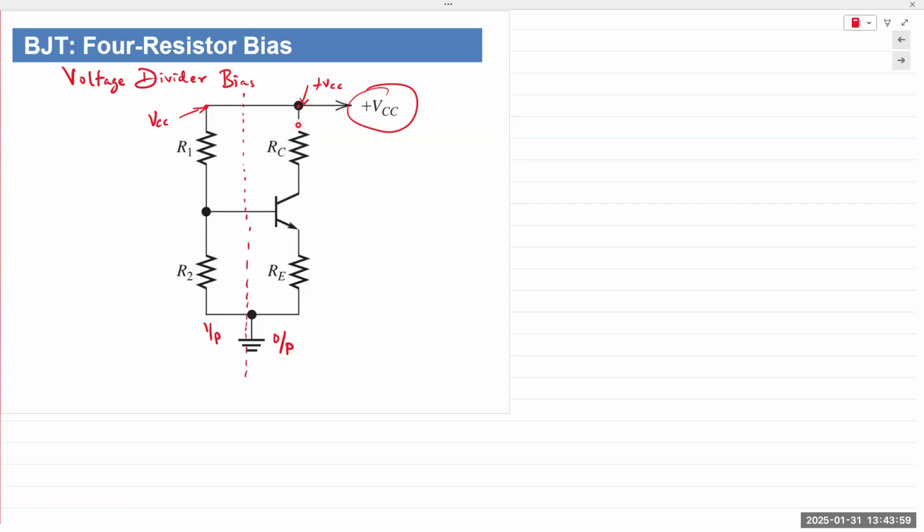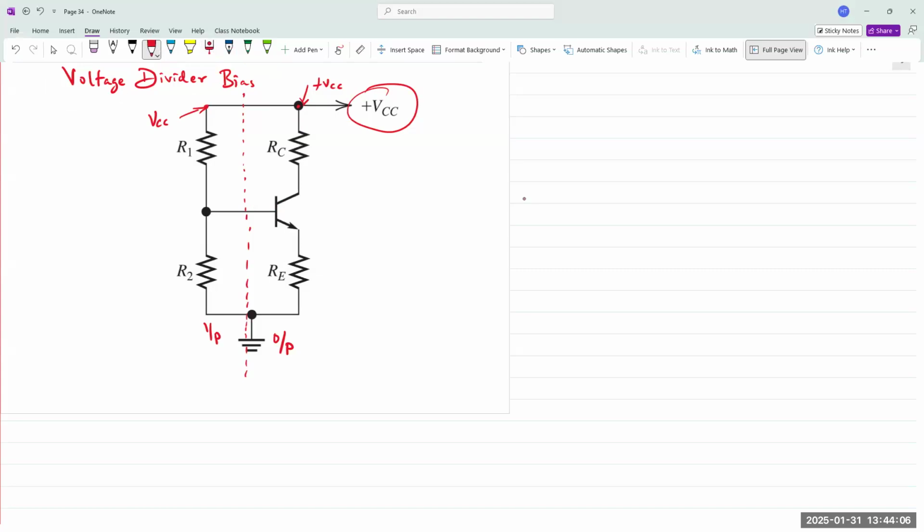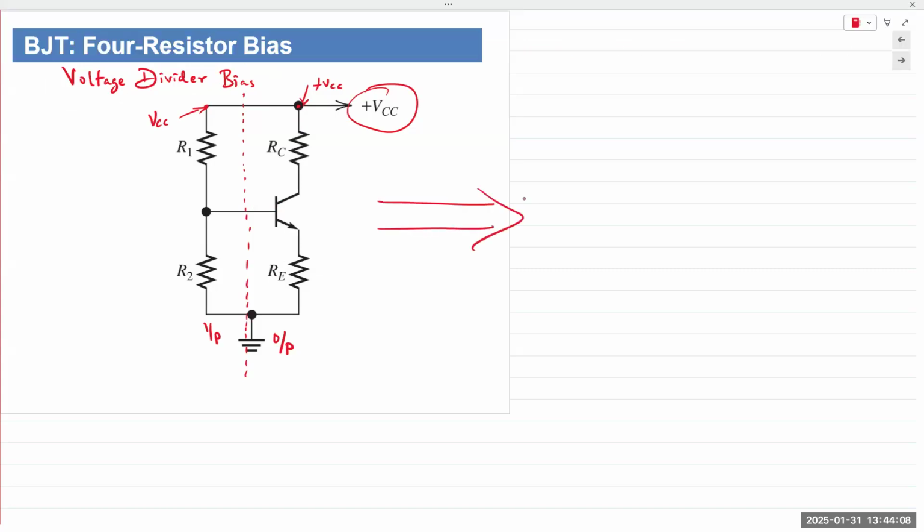And if you noticed, if you compare this to the previous circuit, it had 2 different power supplies. You had VBB and you had VCC.